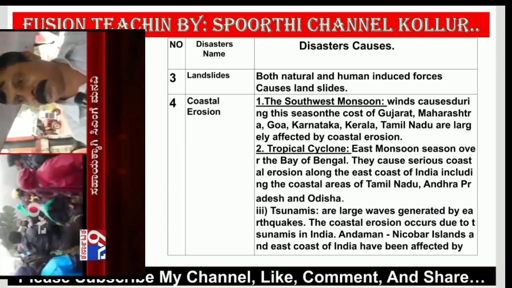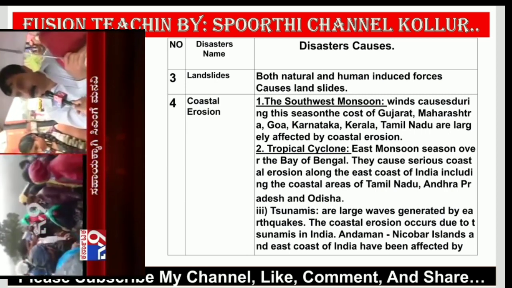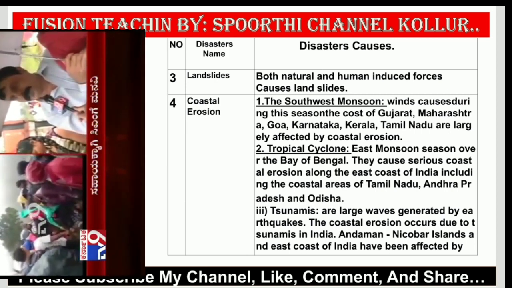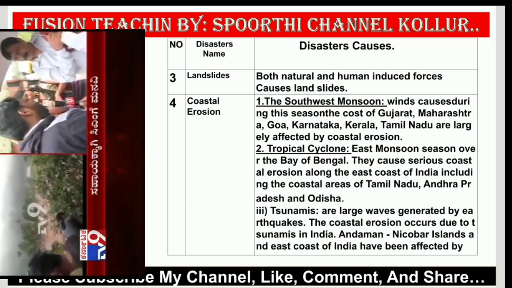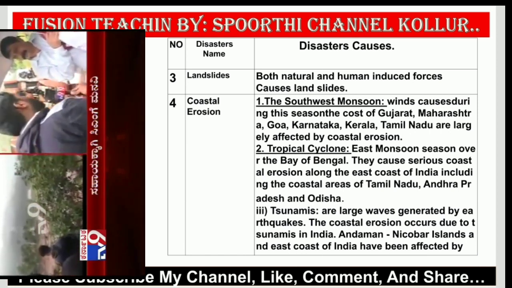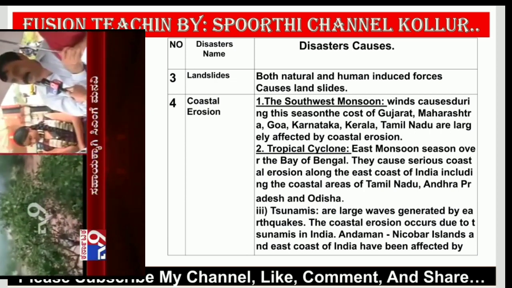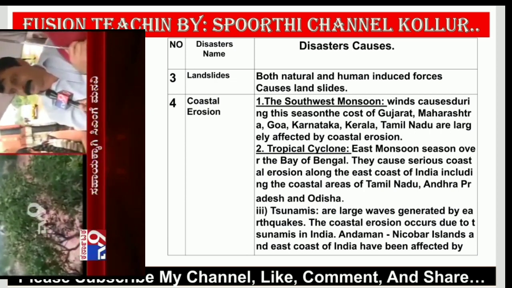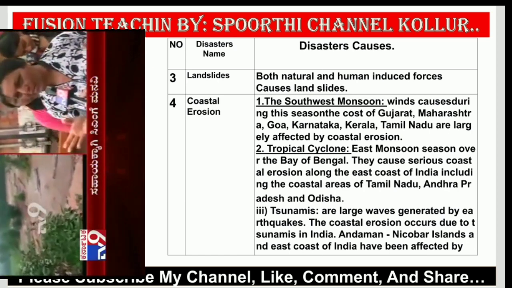First one, the southwest monsoon winds during the seasons: the coasts of Gujarat, Maharashtra, Goa, Karnataka, Kerala and Tamil Nadu are largely affected by coastal erosion. Second, tropical cyclone.